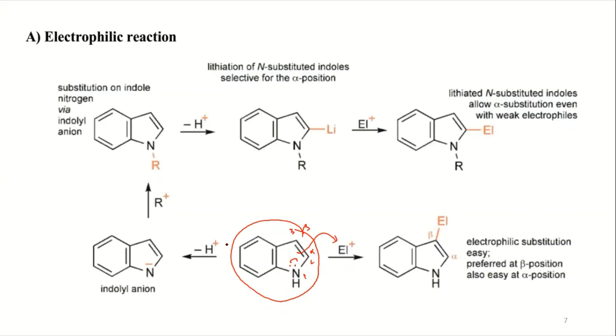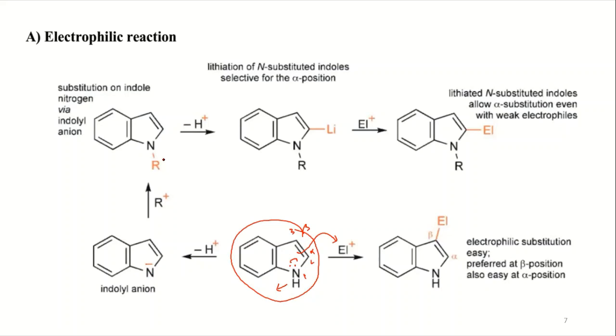But if you do it in a different way, if you protect the N and then do the lithiation, your reaction will be at the alpha position. So here, suppose you have used a strong base to abstract the NH proton, N minus. Now this N minus, you do the protection first, if you use some anhydride or acyl chloride kind of thing, so it will be protected.